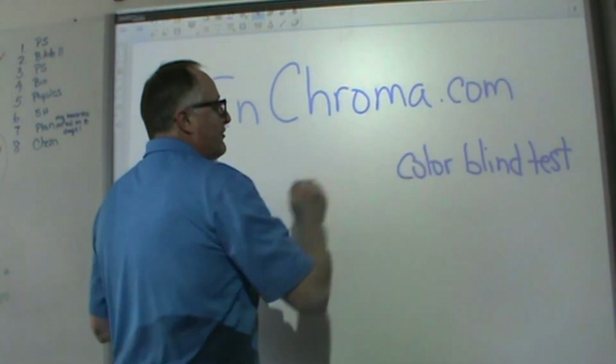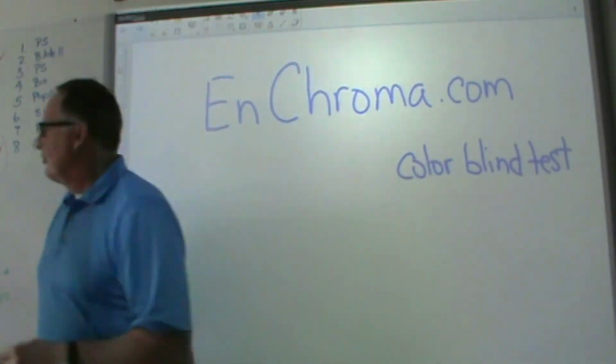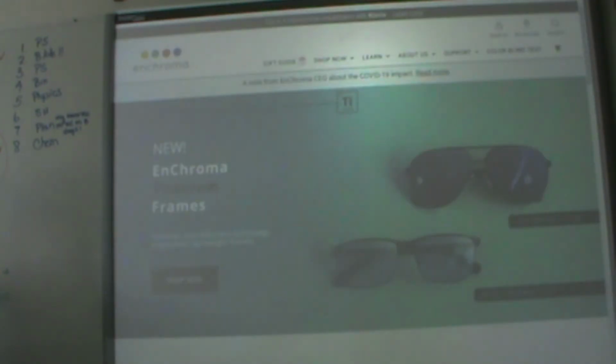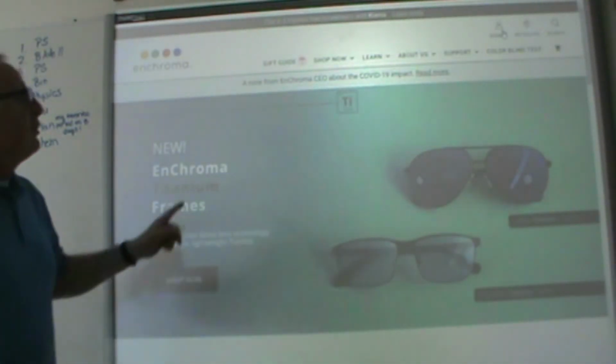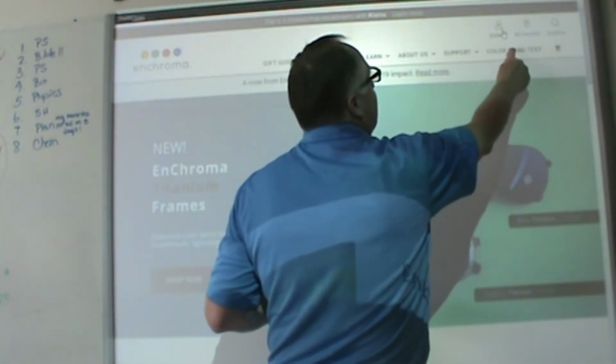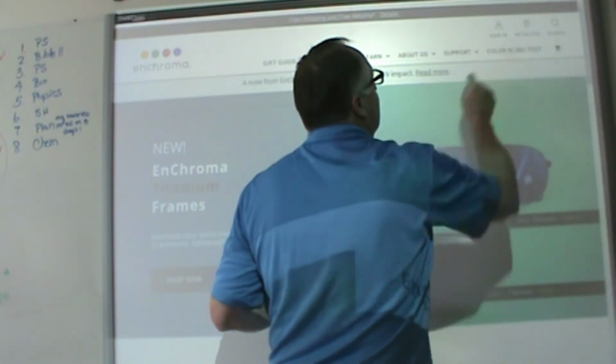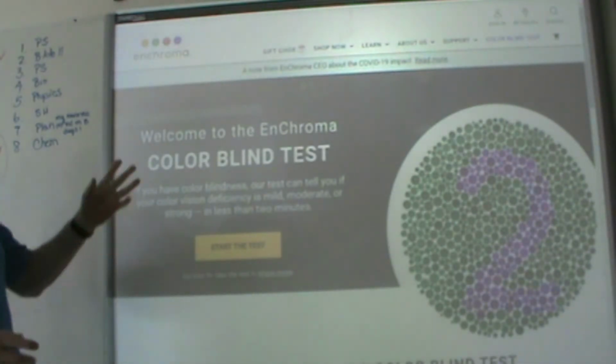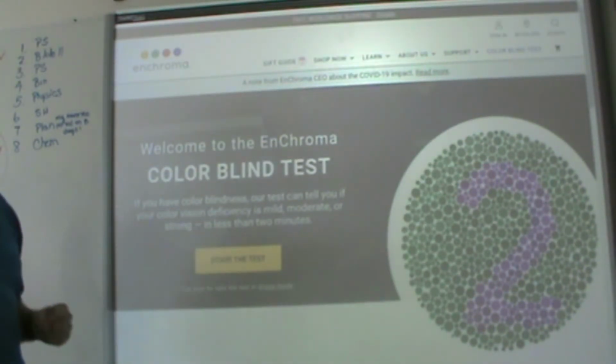And then there's a tab, colorblind test, and I can show you that. Here's their website, and right up here is the colorblind test. If you go to the colorblind test, this is where you'd start the test. But this is what it looks like.